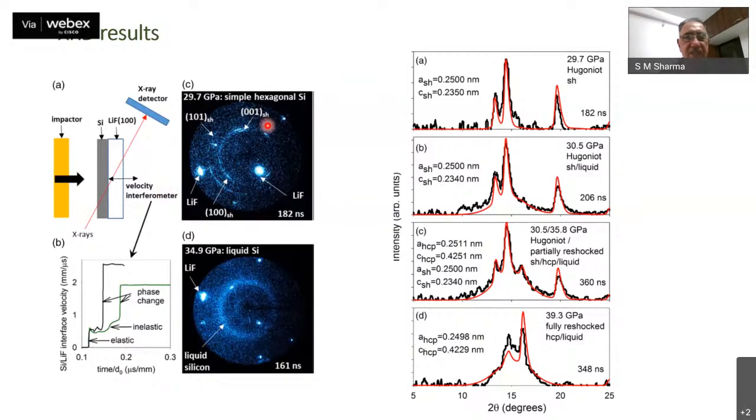So generally, the reason I highlight this is that it is mostly believed that the simple hexagonal phase is related to the beta-tin phase, which is the tetragonal phase, through a displacive mechanism, that is through softening of a mode, which makes it very rapid.